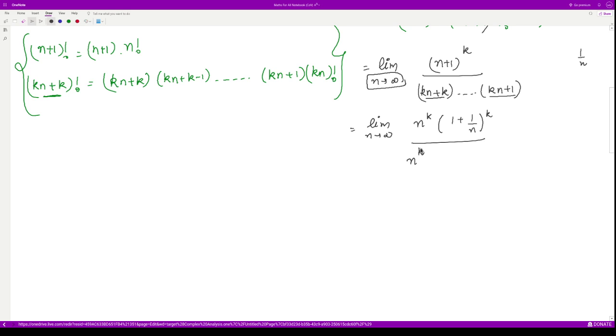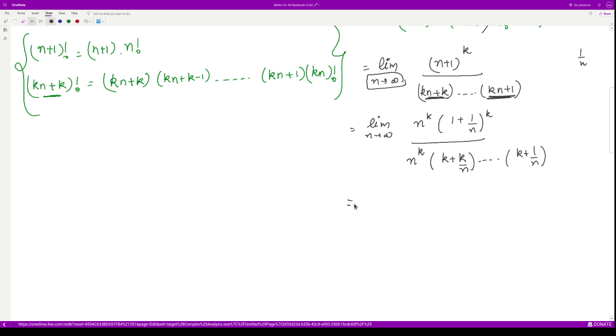Why? Because the power is k here because these are total k terms. So from each of these k terms you will take n common, so we'll be having n into n into n, k times, so n power k, and we'll be left with k plus k by n up to k plus 1 by n.